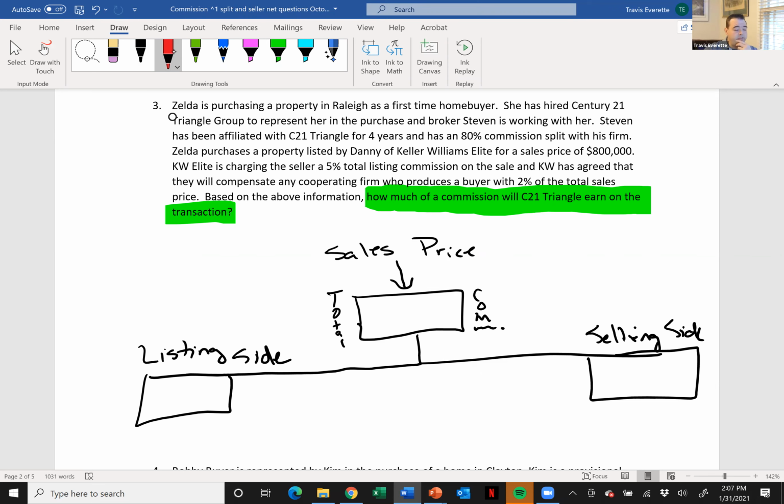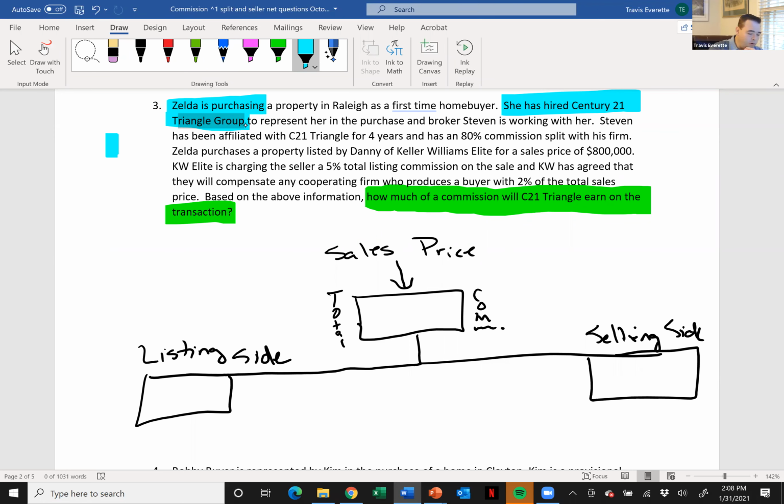Zelda is purchasing as a first-time home buyer. She has hired Century 21 Triangle Group. Look at those two statements and tie them together. Zelda is purchasing. She has hired Century 21 Triangle Group. Well, folks, they represent the buyer.